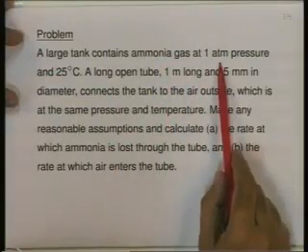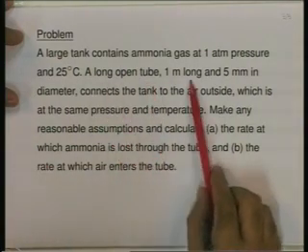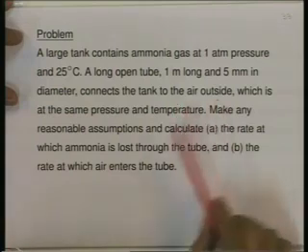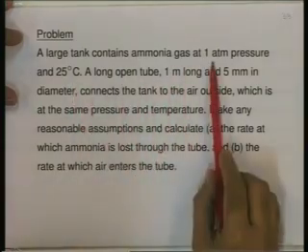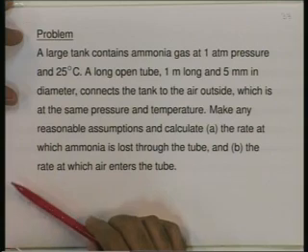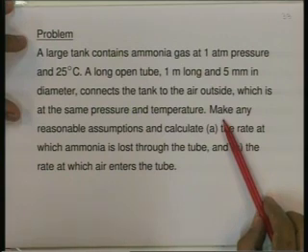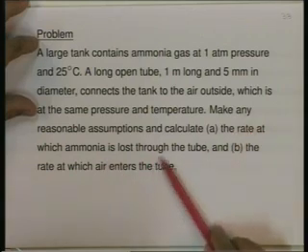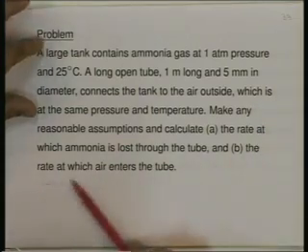We have a large tank which contains ammonia gas at 1 atmosphere pressure and 25 degrees C. A long open tube 1 meter long and 5 millimeter in diameter connects the tank to the air outside, and the ambient air is also assumed to be at the same pressure of 1 atmosphere and temperature of 25 degrees C. We will make some reasonable assumptions, and then we are required to calculate the rate at which ammonia is lost through the tube, because the tube is exposed to the atmosphere, and the rate at which air enters the tube.